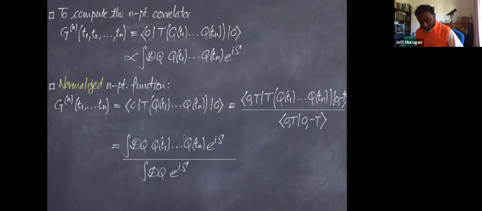And this is the quantity that we're going to try and work out how to compute. All right, so this is the thing that we're interested in. This is going to be the normalized endpoint function.